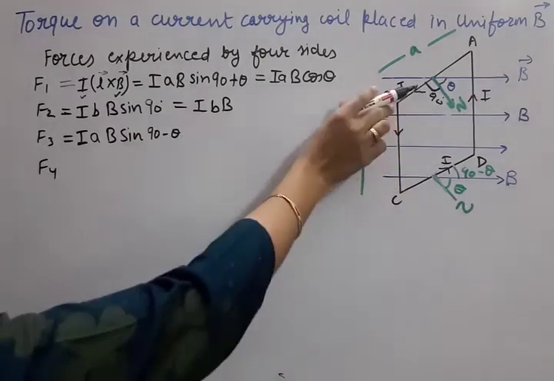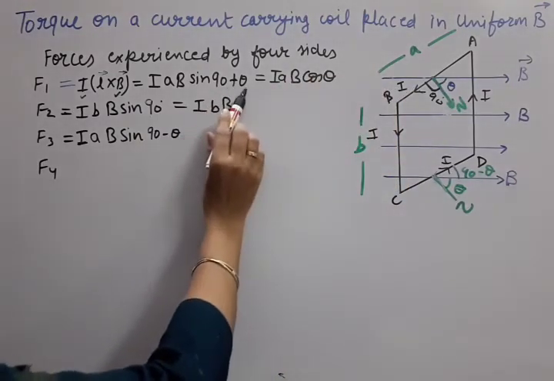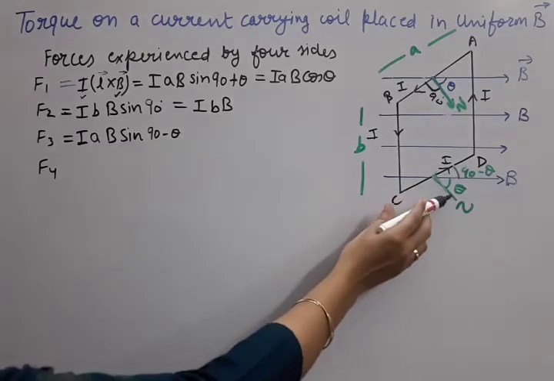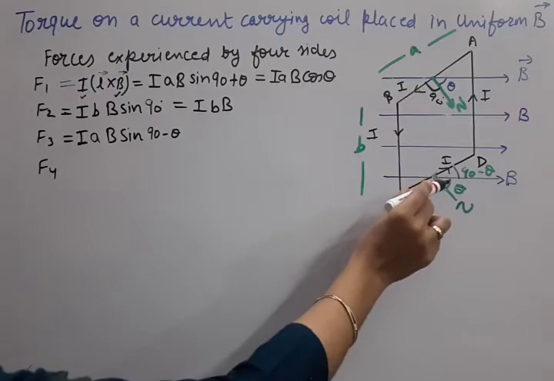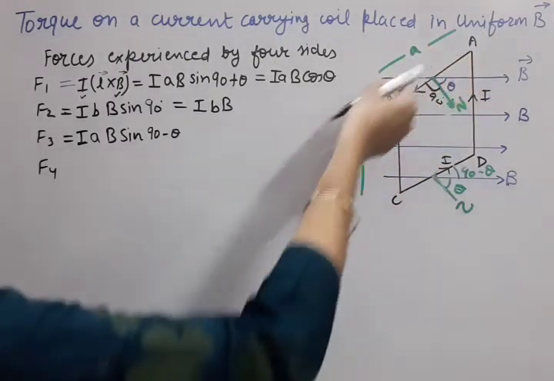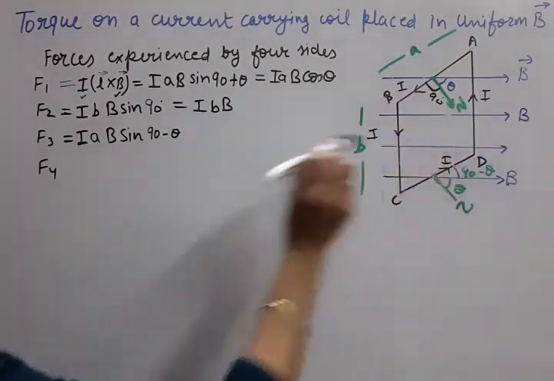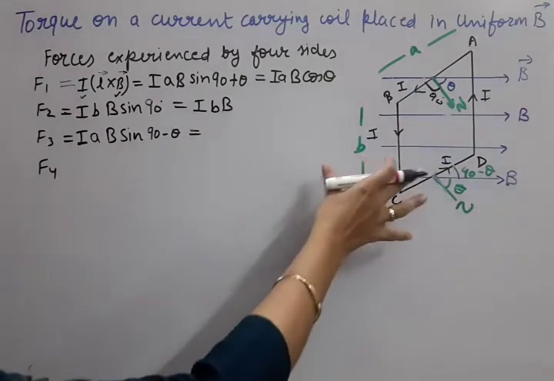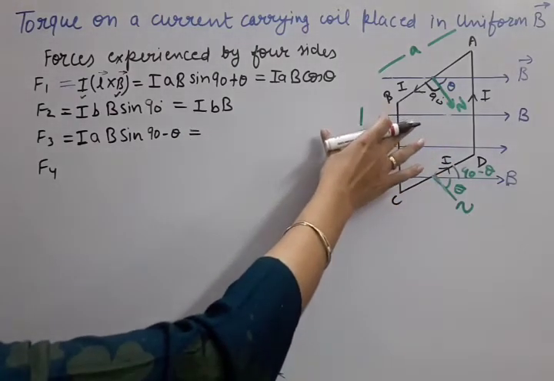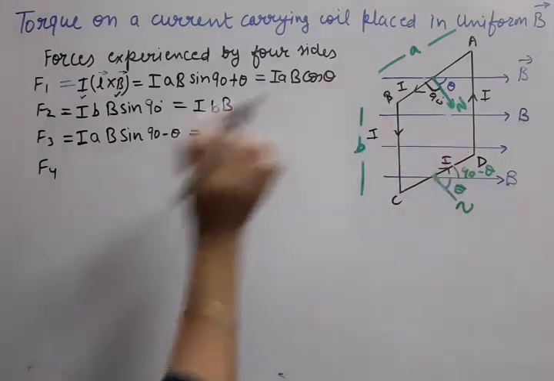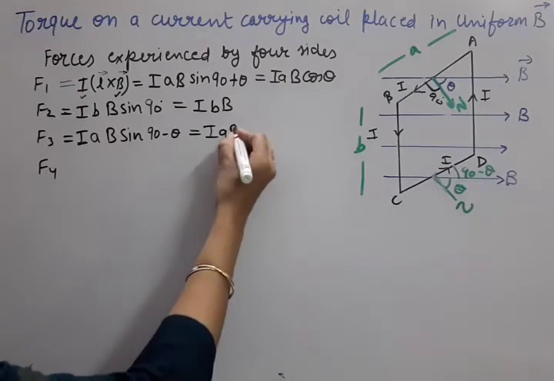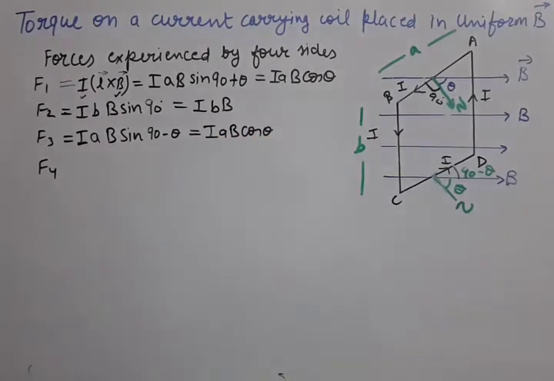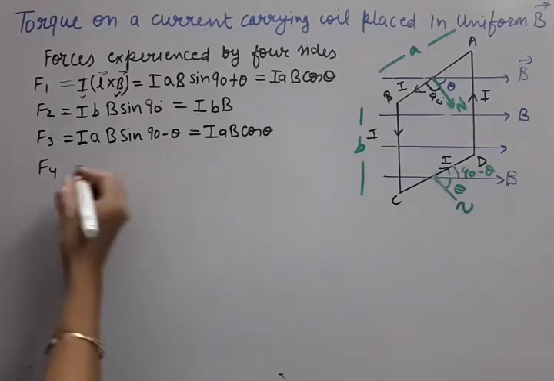So just remember, for the upper side the angle was 90 plus theta, and at the lower side the angle is 90 minus theta, just because of the change of the direction of the current. Current earlier is this way and current on this side is this way. All other things are the same: coil is the same, normal is the same, magnetic field is the same. So 90 minus theta also gives cos theta. This way we get F3 as IAB cos theta.